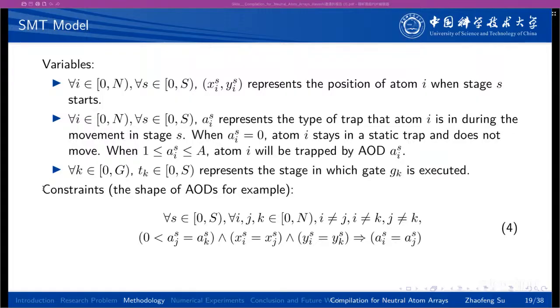And finally, we can get the optimal path planning. But the problem is that there will be many variables, and the SMT solver needs numerous time to solve this problem. It is nearly NP hard, so it is not practical.